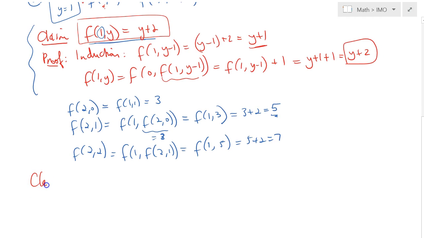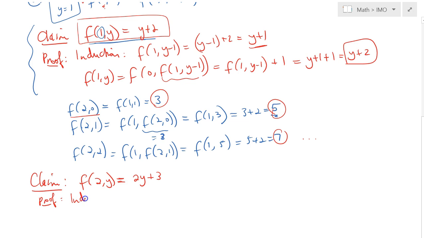Looking at this relationship, 3, 5, 7, and so on, it's fair to claim that f of 2y is equal to 2y plus 3, because we keep adding 2 and f of 0 is 3. That should be fairly straightforward using induction again, so I'll leave it to you as an exercise as well.